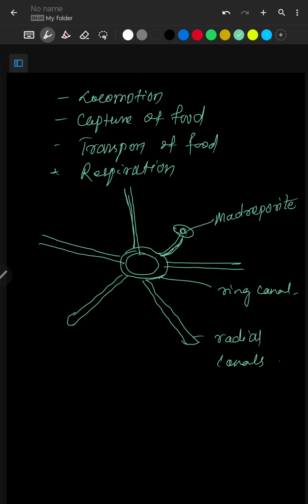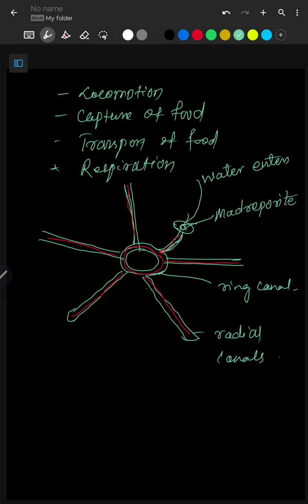Now through this madreporite, water enters from outside, then the water circulates through this ring canal. While circulating through the ring canal, it passes through the radial canals also. Now on the lateral side of the radial canal, the false feet like structures are there. You can say flask shaped structures are there. The structures are like this. I'm just giving you the raw picture of this one.